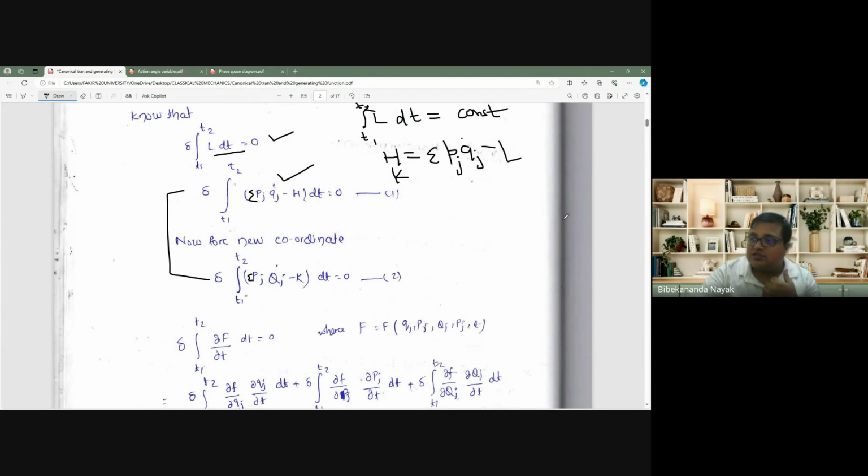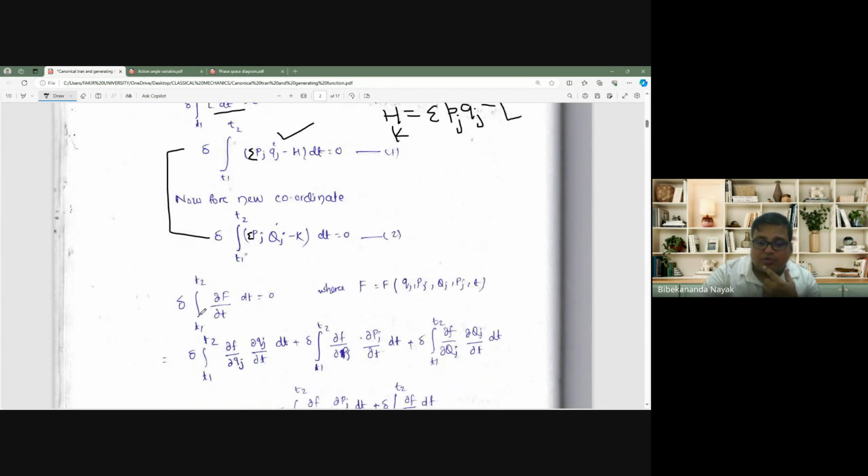Besides this, we can also add another term, the variation of the integral of del f by del t dt, which is equal to 0, where f is a function of small qj, small pj, capital Qj, capital Pj and t, from time t1 to t2, so that this integration is a constant and the variation is 0.